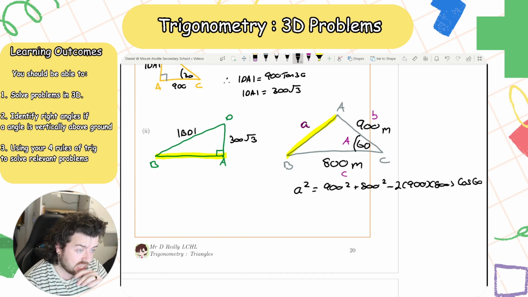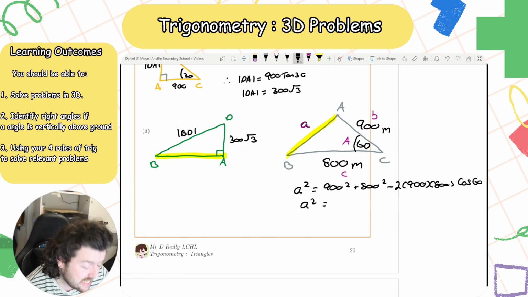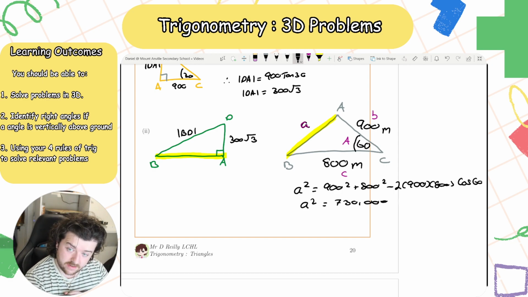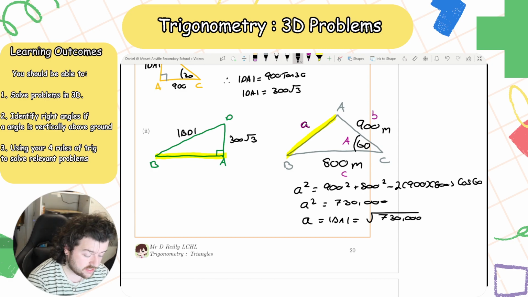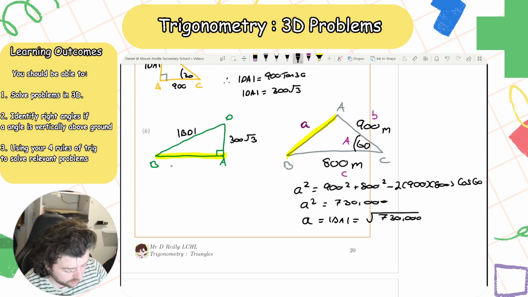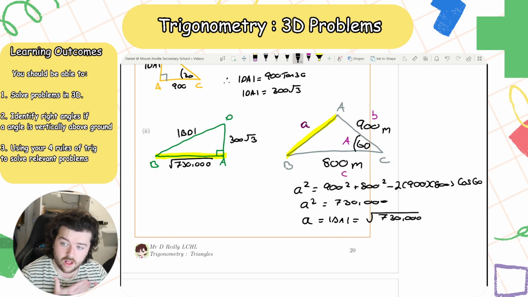If you put that in your calculator, you're going to get A squared is equal to 730,000. Therefore A, or BA, is going to be equal to the square root of 730,000. So now with this information, I can solve for side BD.